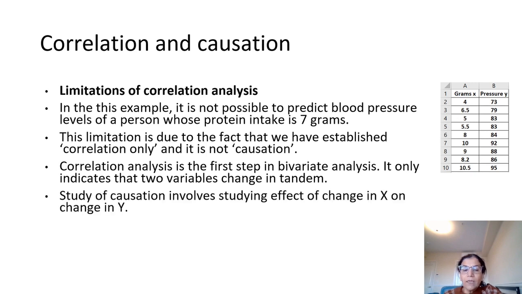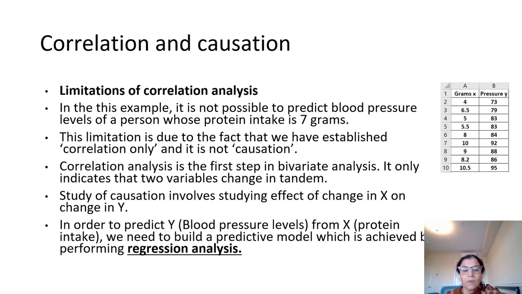Study of causation involves studying the effect of change in X on change in Y. So if we go back to this example, where we notice that the value 7 is missing from the data set, in order to predict Y, which represents blood pressure levels, from X, which represents the protein intake, we need to build a predictive model which is achieved by performing regression analysis.